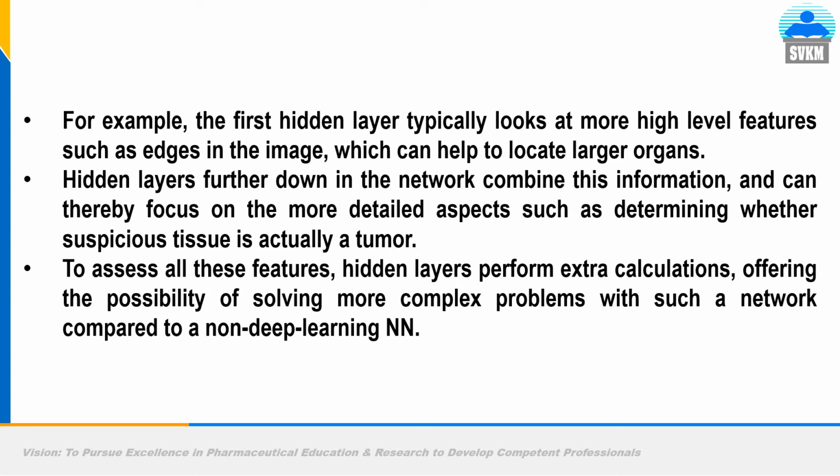Hidden layers further down the network combine this information and can thereby focus on more detailed aspects, such as determining whether suspicious tissue is actually a tumor or not. To assess all these features, hidden layers perform extra calculations, offering the possibility of solving more complex problems than a non-deep learning neural network. For analyzing images, there is particular use of the convolutional neural network, that is, CNN.